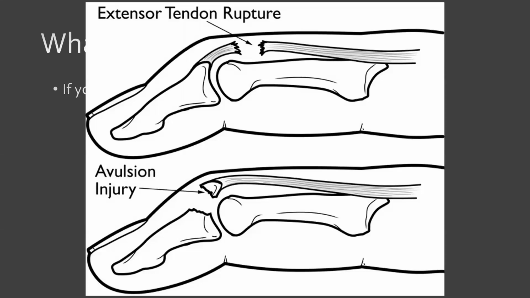Aside from getting a digit caught in something, the impact you're going to see is usually something that hits you from the front. You really don't get anything pulling back that's going to do it.